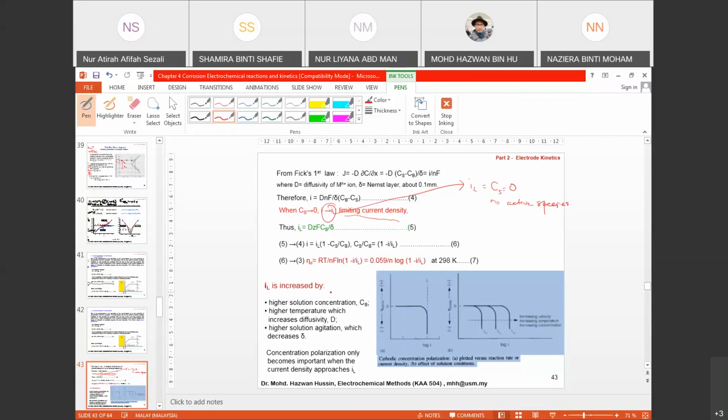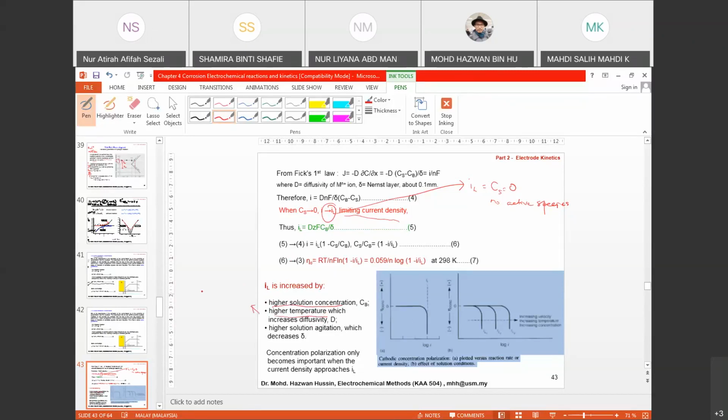So IL is increased by higher solution concentration, higher temperature, which increases diffusivity, and higher solution agitation, which decreases the flux. This is what parameters can affect IL. So as I said, you can increase IL or increase current by having higher concentration, higher temperature, which eventually will increase diffusivity.